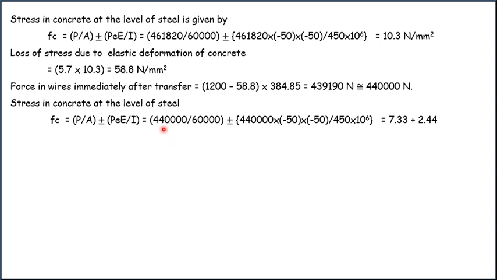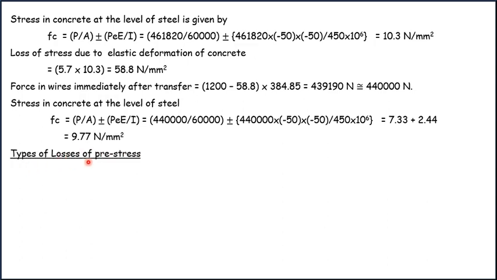So here we are substituting 4,40,000 divided by 60,000 and further continuing with the same values in the top fibers, which comes out to be equal to 7.33 plus 2.44. So total of Fc is 9.77 Newton per mm square.